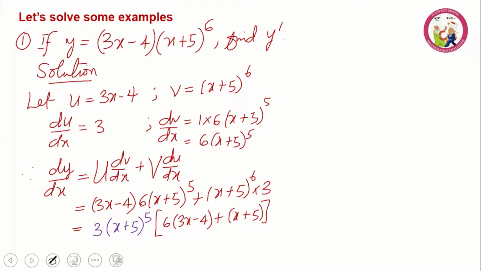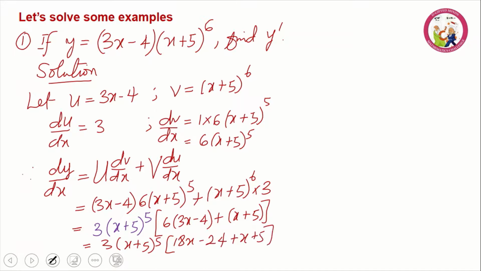All right, next we simplify the expression in the square bracket. Then we have this to be 3 times x plus 5 raised to the power 5 times 18x, because 6 times 3x is 18x, minus 24 plus x plus 5.